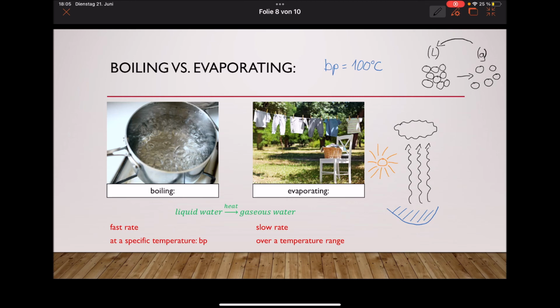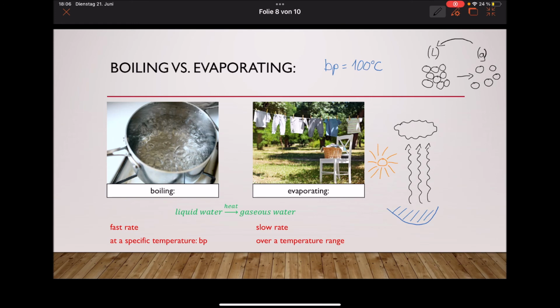And that's what you can observe when you put your hand on top of boiling water. It gets hot because you feel the warmth of condensation. Water is condensing at your hand, so gaseous water turns back into liquid water on the surface of your hand, and then you feel heat because that process of condensation releases heat.